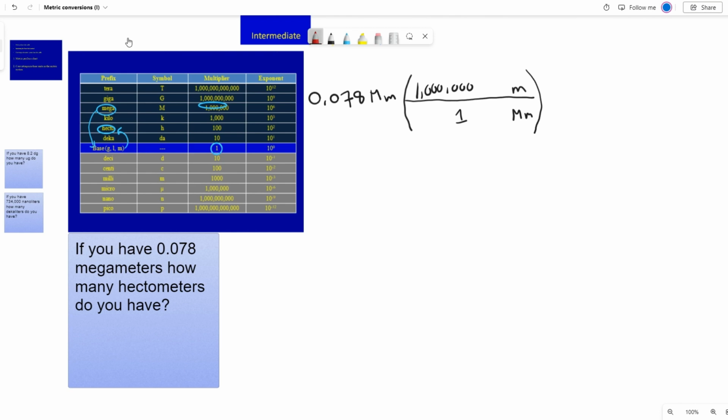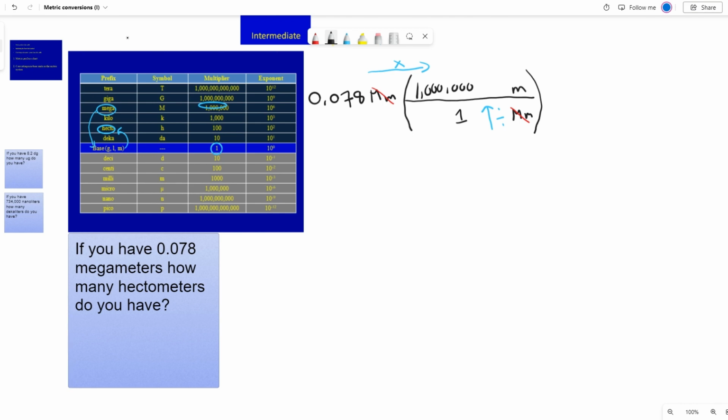And now we see that we have it set up so our megameter and megameter cancel out so that we're left with just meters. Remember, we multiply across and then we divide up. And again, if you're not familiar with the metric system or not familiar with the factor label method, or you're having trouble with it, go back and watch the previous video. And that kind of explains the basics of how to do the factor label method.